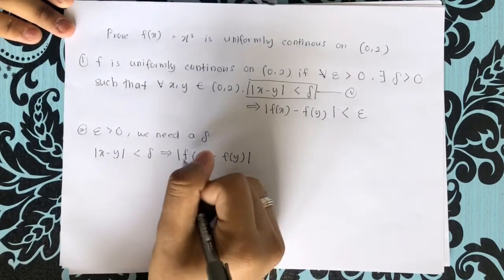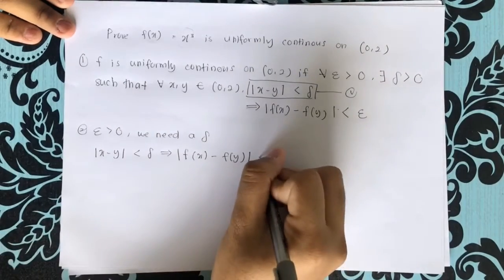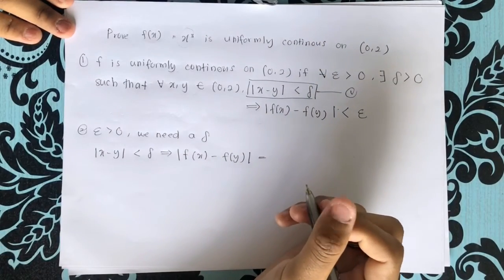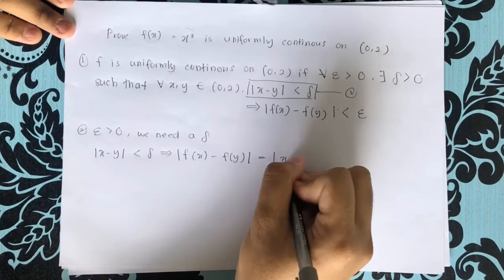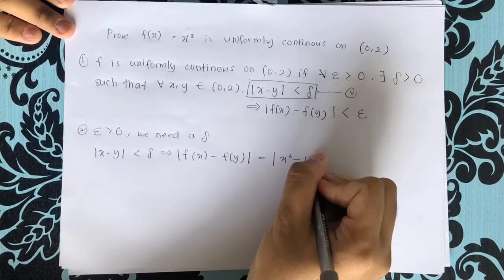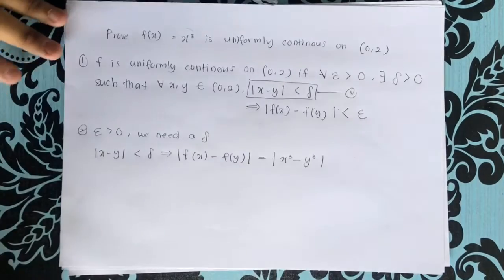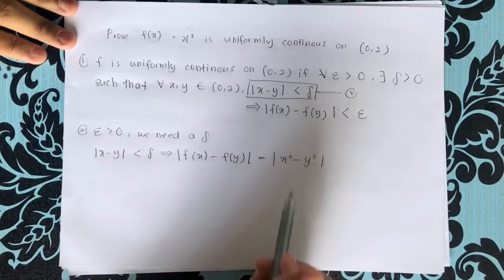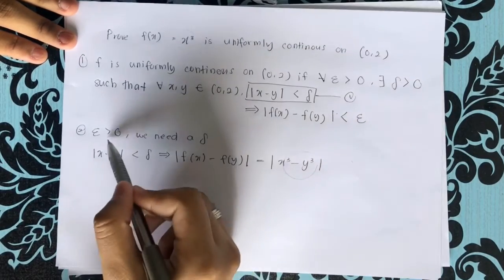So what is f(x)? f(x) is x to the power of 3, so we can make the equation x cubed minus y cubed. Right now we need to make sure that this expression matches the one with delta.